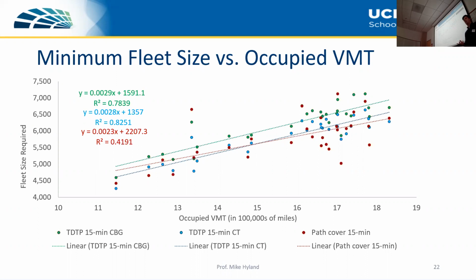And with the path cover approach, there's still a lot of scatter between these two values. So we still don't think that this value can be used for decision purposes quite yet, because this still doesn't incorporate the spatial temporal distribution of the demand. It only is a measure of how much occupied vehicle miles traveled there is on the demand side.